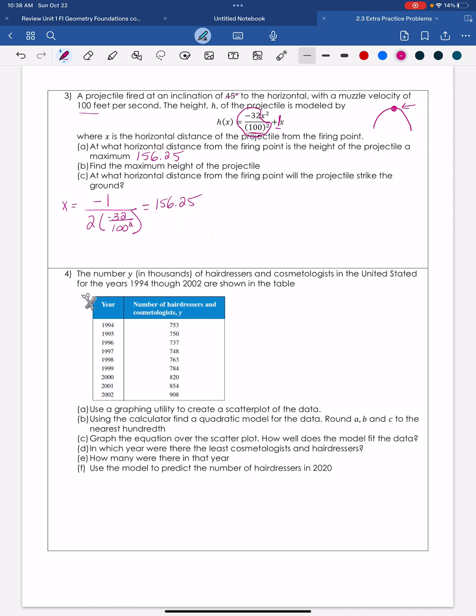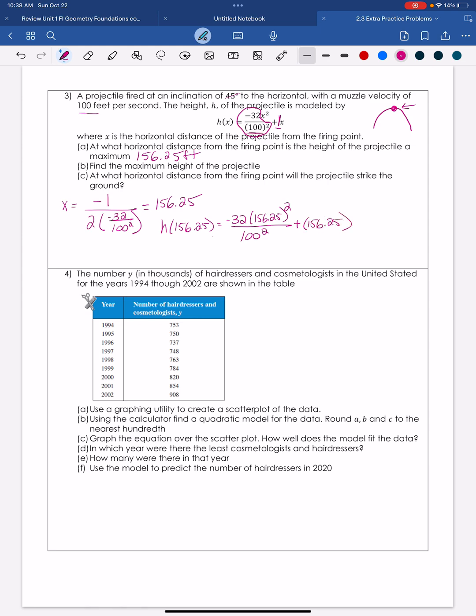156.25, and we're talking about feet. Find the maximum height, so we substitute it in. So h of 156.25 is equal to negative 32 times 156.25 squared over 100 squared plus 156.25.